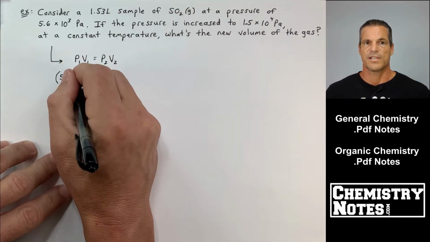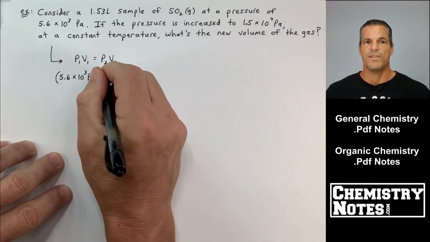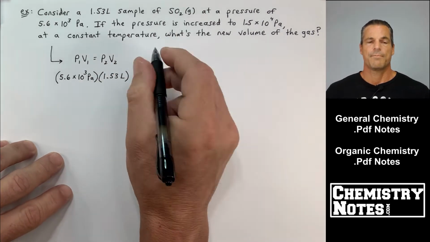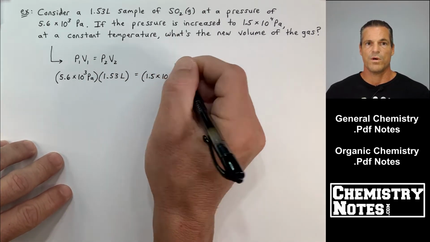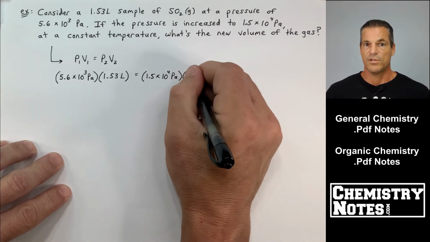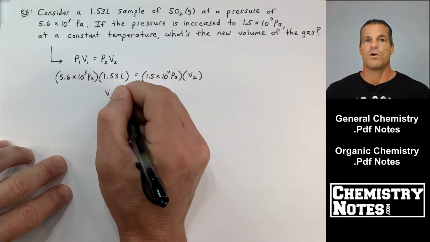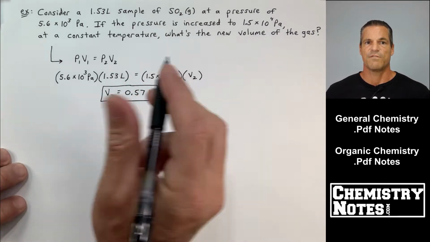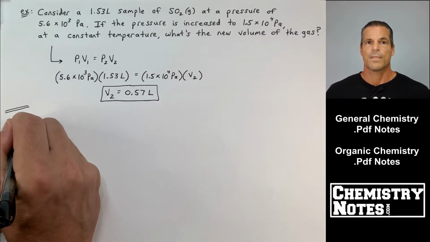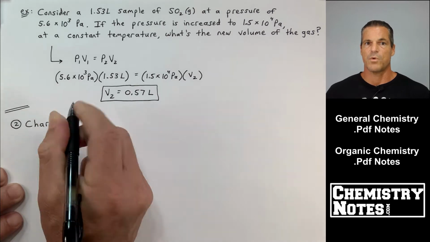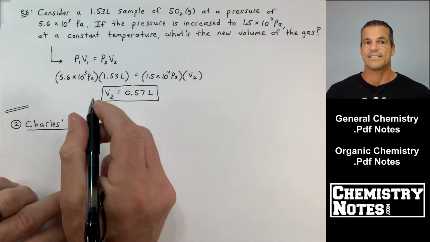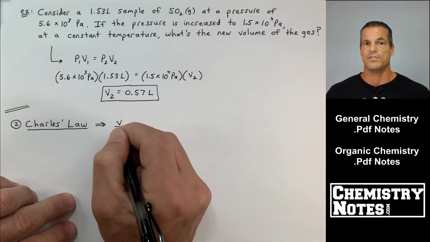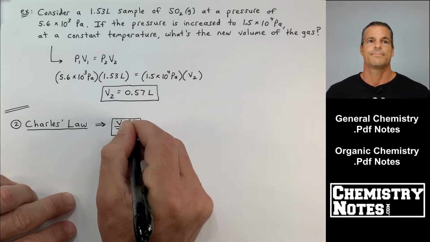Constant temperature is the condition we need. So it's P1 V1 equals P2 V2. I plug in my P1, my V1, and my P2, and I solve for V2, 0.57 liters, 2 significant figures. The pressure went up, which is why I expected a volume less than 1.53 liters. The V2 is 0.57 liters.